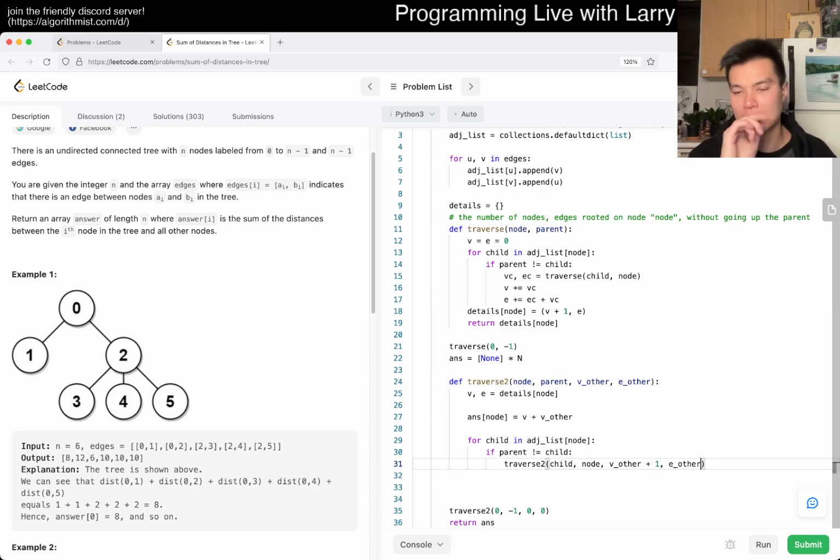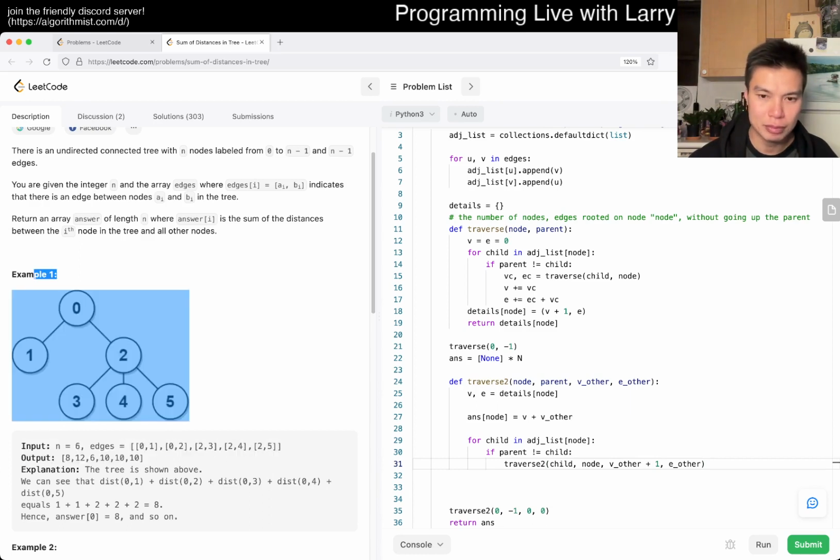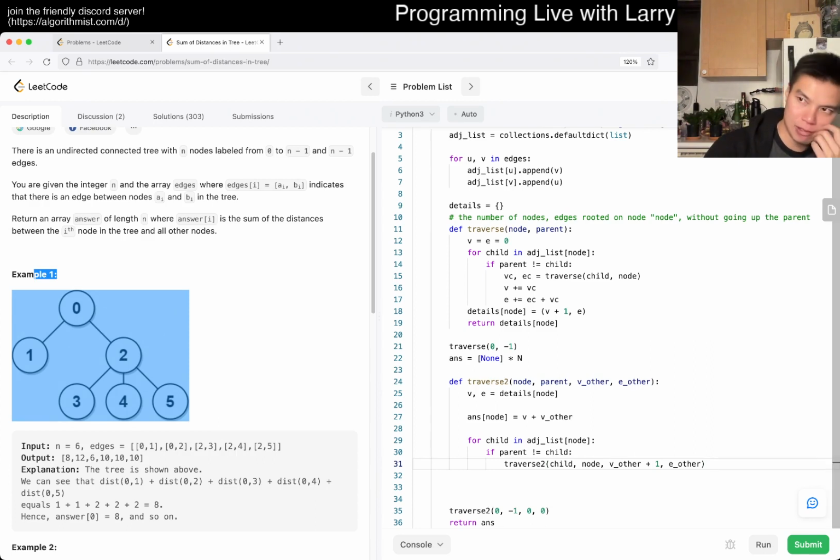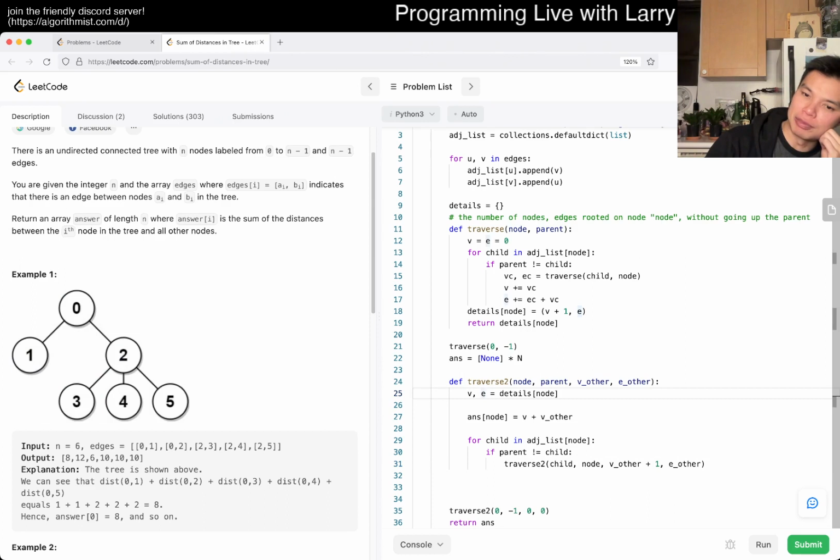Now I need to do some other things here, because you also want to aggregate all the other stuff on this rooted here. I need to aggregate all the other stuff, but that's a function of v, right? So basically, this is so hard.